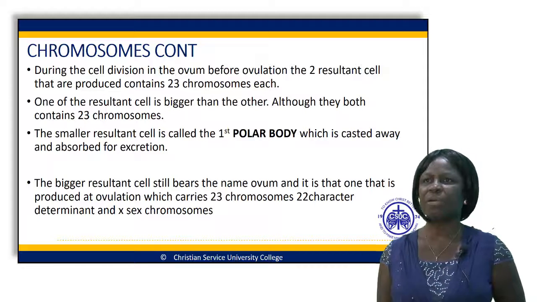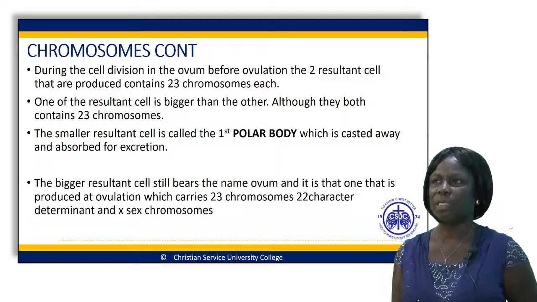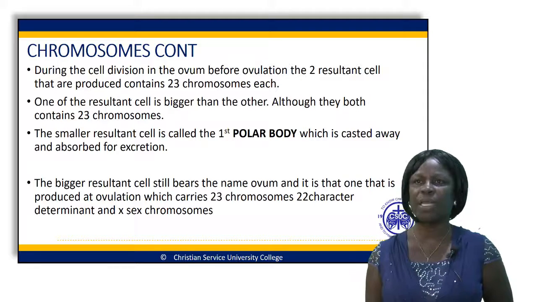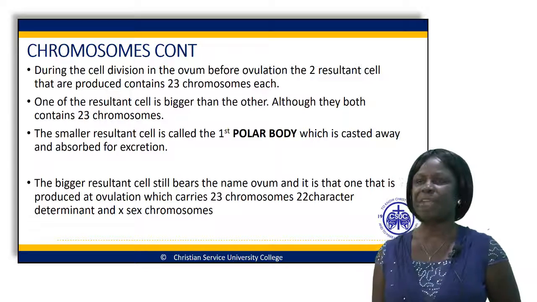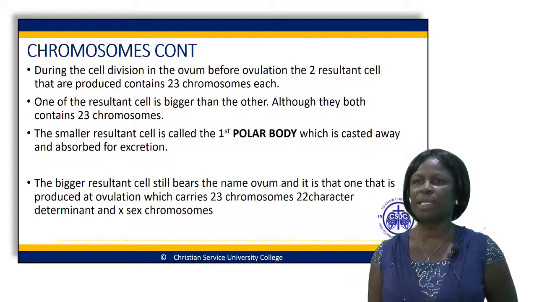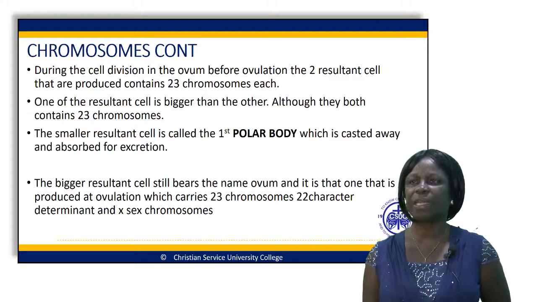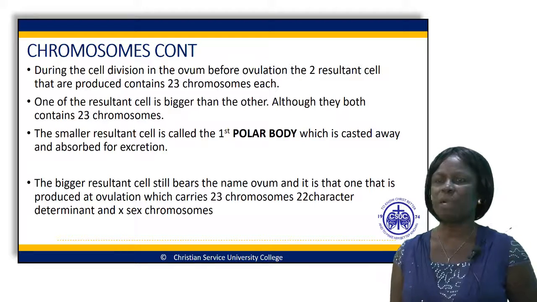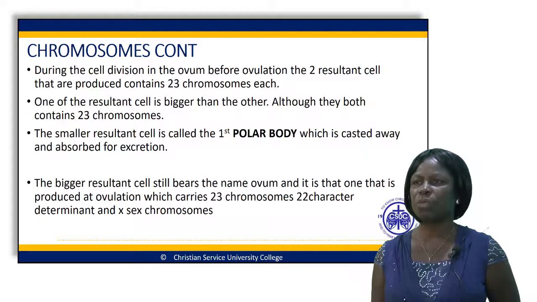The smaller resultant cell is called the first polar body, which is cast away and absorbed for excretion. The bigger resultant cell still bears the name ovum, and it is the one produced at ovulation, which carries 23 chromosomes, 22 character determinants, and an X sex chromosome.